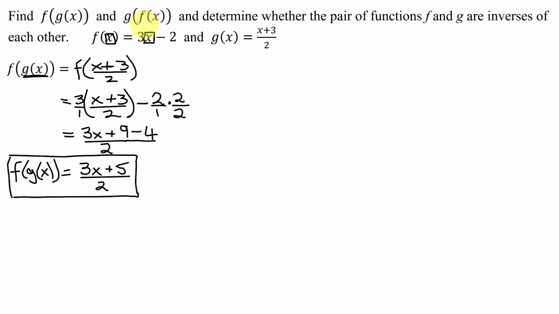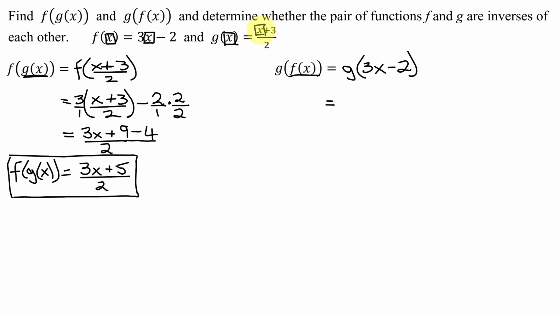Next, I need to find g of f of x. We're going to do it exactly the same way. I'm going to replace f of x with its definition of 3x minus 2. So I'm going to get g at 3x minus 2. Now to evaluate this, in g of x, wherever you see an x, I'm just going to put 3x minus 2.